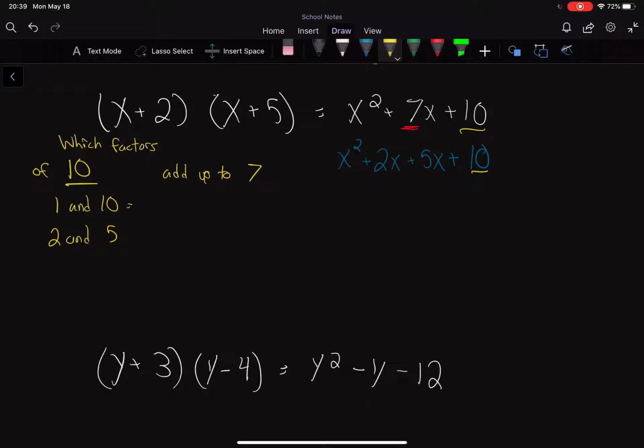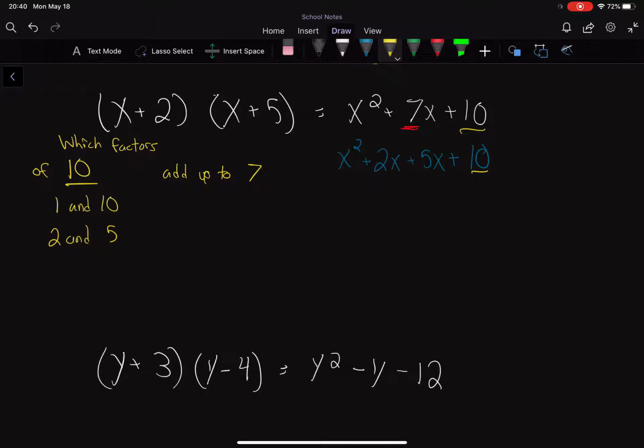Well, 1 and 10, that's 11, so that can't be it. And 2 and 5, that equals 7 when you add them up. So we're going to be working with then 2 and 5, which we have in our parentheses.